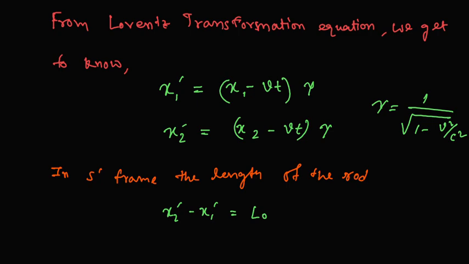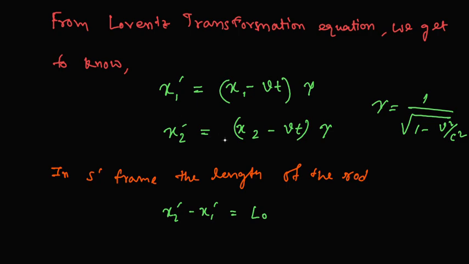We assumed the length is L naught in the S prime frame. Now, if we put the values of x2 prime and x1 prime, what will we get? x2 prime equals x2 minus vt whole into gamma.